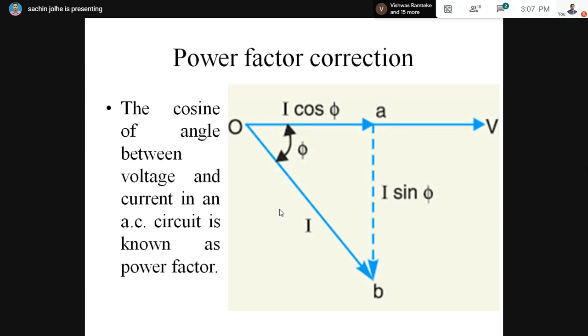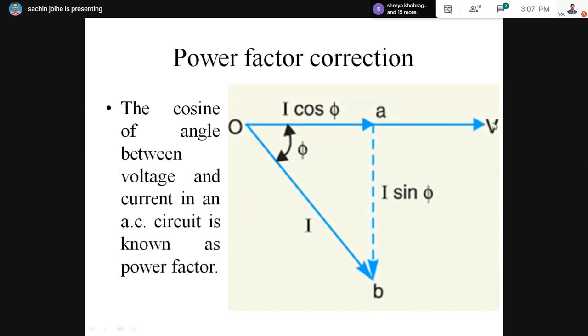That is nothing but the power factor correction. Now what is the power factor? This is a very basic question, and most of you know, you have studied it in EPS one. They had done some calculation on this. So what is the power factor? It is nothing but the cosine of the angle between voltage and current in an AC circuit, which is known as the power factor.